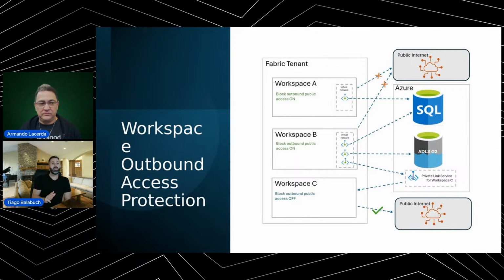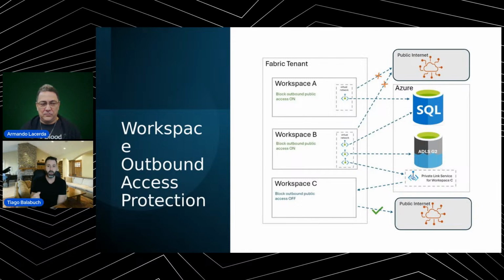And the third scenario that I wanted to bring here: if I needed to connect from workspace B to workspace C, and workspace B has OAP enabled, but workspace C doesn't, this is not going to work. Even if you are inside the same tenant, if you are working in a different workspace, my workspace B is locked.